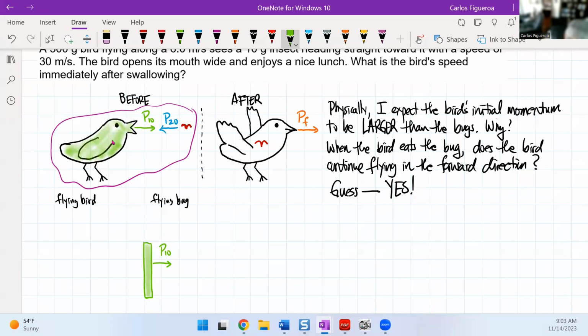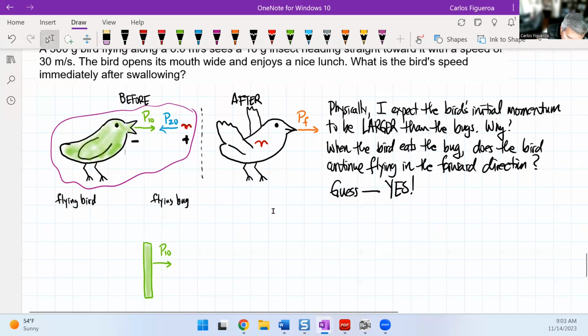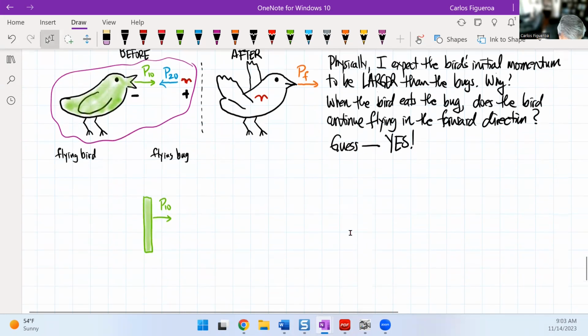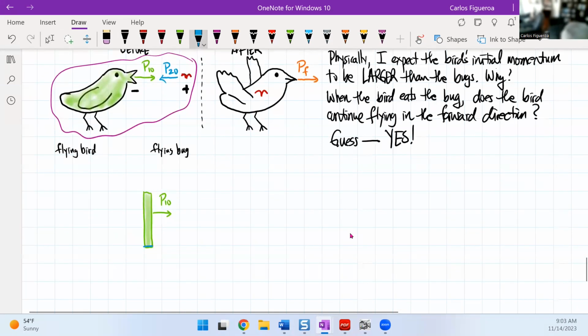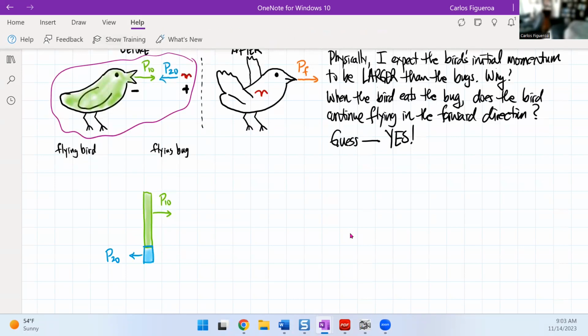But what I see here is that if I make this my positive direction and I make this my negative direction, I could see that the bug is now going negative. So what would I expect? I would expect that the momentum of the bug is small. Is that a good assumption? I think so. We'll look at the numbers here. So if I look at the momentum of the bug, I'm going to say that it's tiny compared to the bird, and it's going in the opposite direction here.